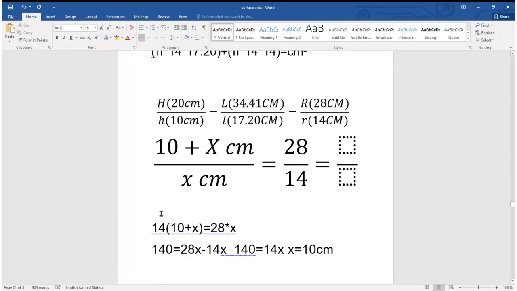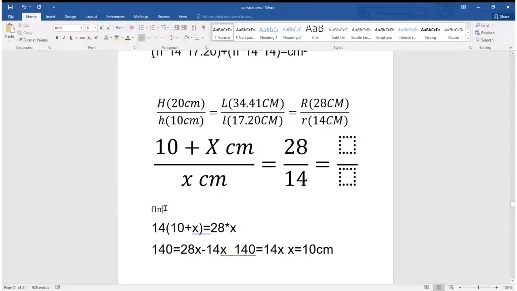Let me just insert this. I'm going to be using capital pi here, so that all of them can be capital. Pi r l minus pi r l.